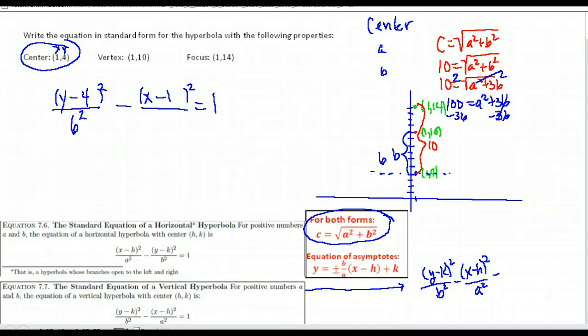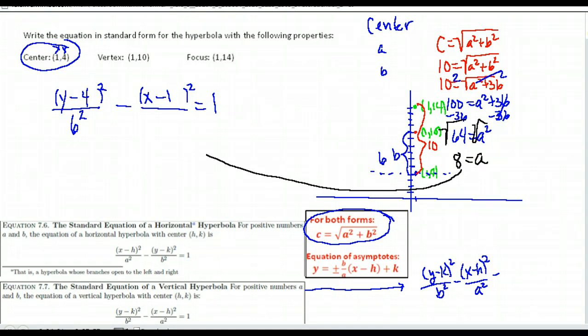And that will finish up our problem. So we subtract 36 from both sides and get a squared equals 64. To get rid of the squared, we take the square root of both sides, and we get that a is equal to 8. So that goes in my formula right there. a squared is 8 squared, or 64.